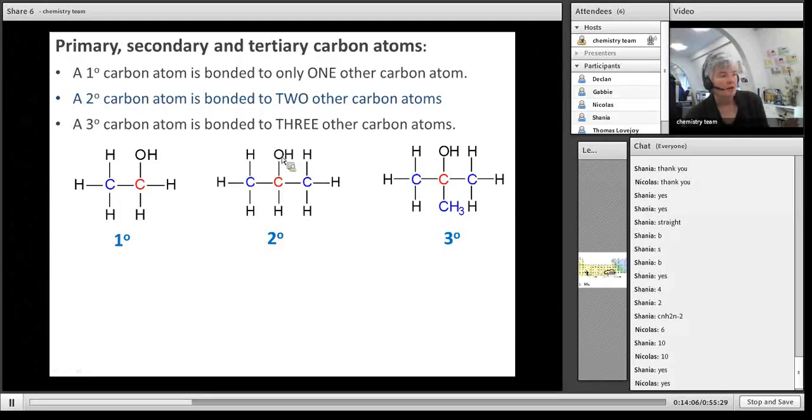So oxygen in this case, it's already formed. How many bonds can oxygen form in total? In other words, what's the valency of oxygen? Okay, Declan, you've got there the valence electrons.